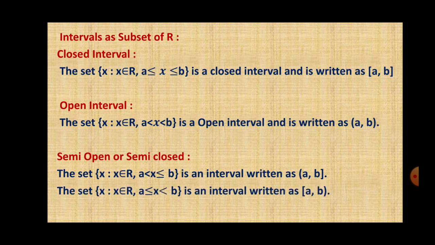The next term is the set of X such that X belongs to R, X is greater than or equal to A, less than B is an interval written as closed interval A comma B. So here A is included but B is not included. So all the real numbers from A to B, here A is included but B is not included.